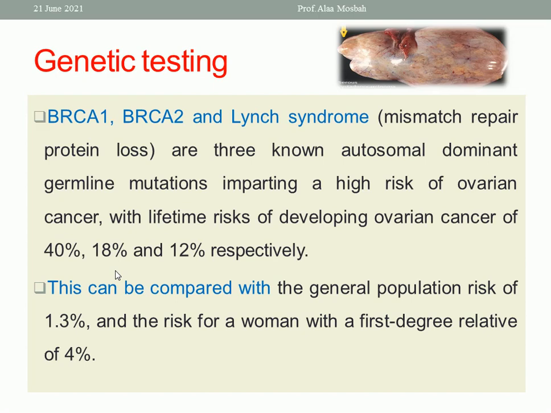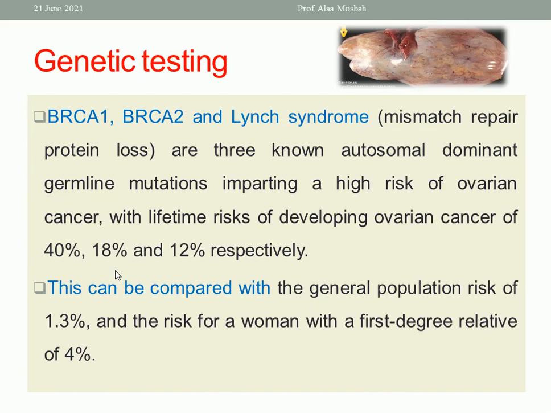Genetic testing is something very important in cases of ovarian cancer, and the genetic counseling. Actually, BRCA 1 and 2 and the Lynch syndrome are the 3 known autosomal dominant germline mutations imparting a high risk of ovarian cancer, with lifetime risk of developing ovarian cancer of 40%, 18%, and 12% respectively.